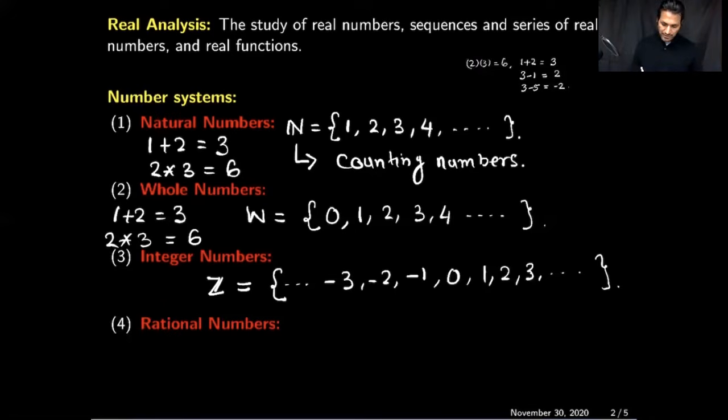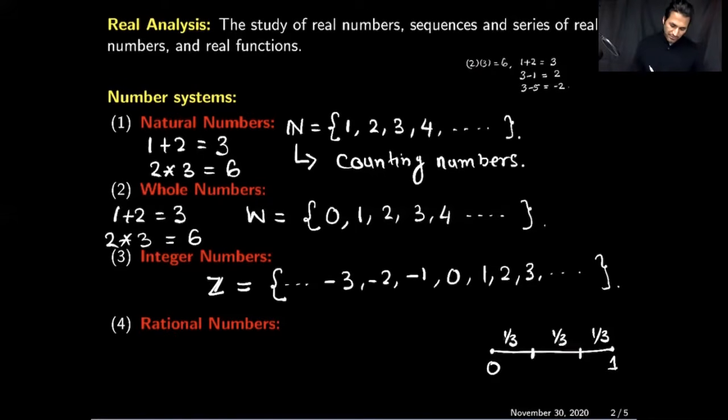Let's suppose we have a rope of length 1, and we want to divide this rope into 3 pieces, and ask how much each person will get. That cannot be counted using the integer, whole, or natural number system. So then we introduced the rational numbers.